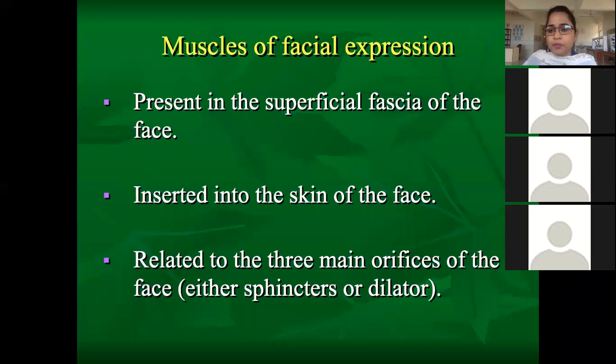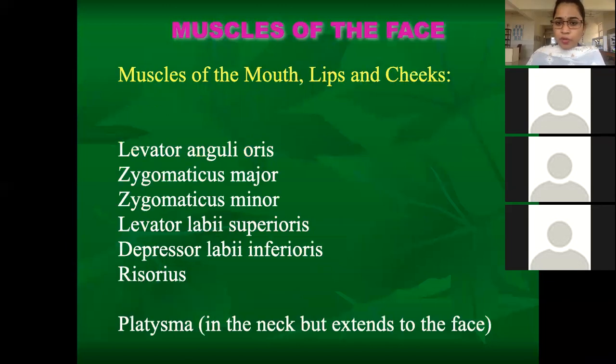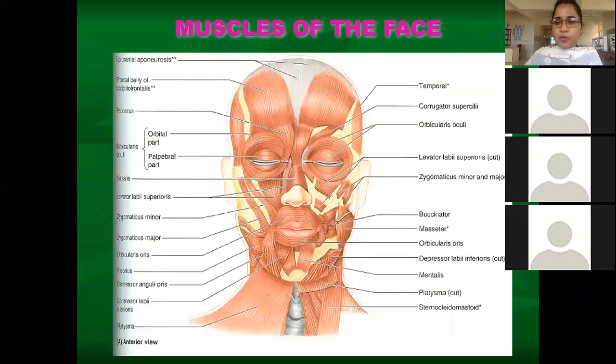Now let us see what the muscles of the face are. These are all big names, so we will go directly to the picture. If you have a textbook, open the textbook and see. If you don't have it, please draw. When you draw, you learn.